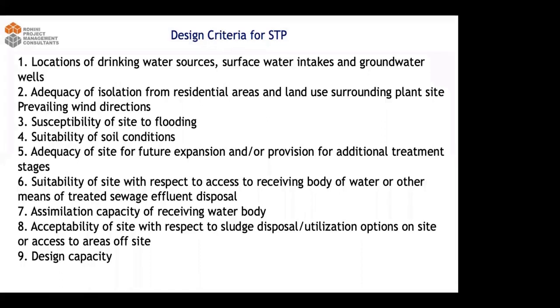Now, this is a major thing we need to look at, because most of the time we undersize the STP, then you need to expand it, and then obviously you need some more space for doing that, right? So it always has to be looked into from a broader perspective, the adequacy of the site to cater for future expansion.